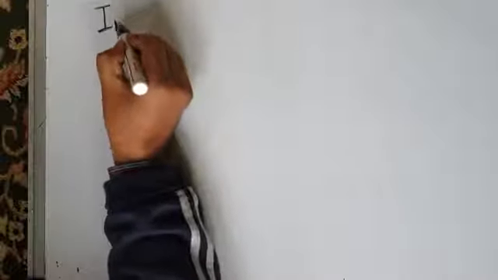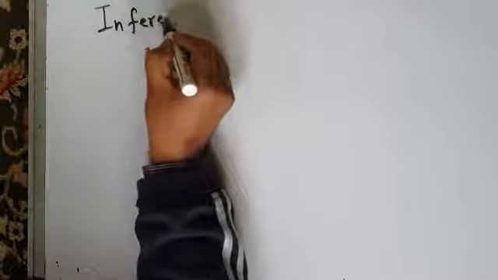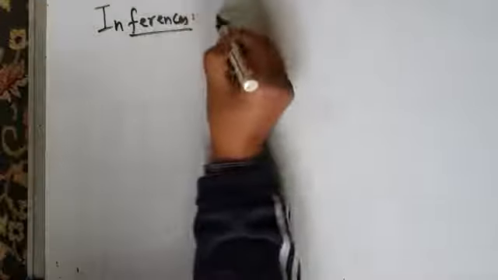Okay, let us make some inferences. I will again write this neutral to neutral voltage. We will have some inferences from these equations. First thing is, let us suppose the three-phase source is balanced and the three-phase load is also balanced.